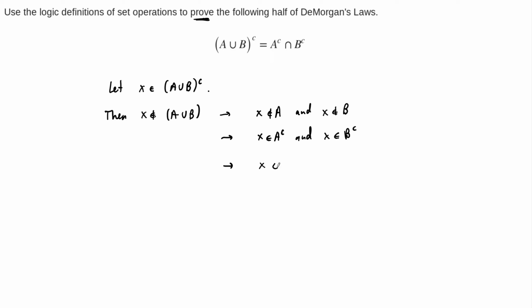So X is in the intersection of A complement with B complement. That's what we wanted to prove. I didn't write it correctly at first, so all I had to write here was that X is in the intersection of A complement with B complement.